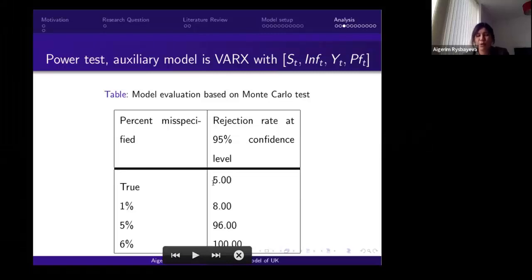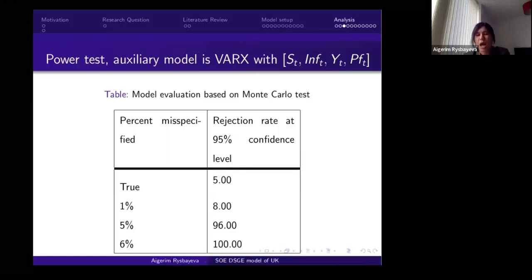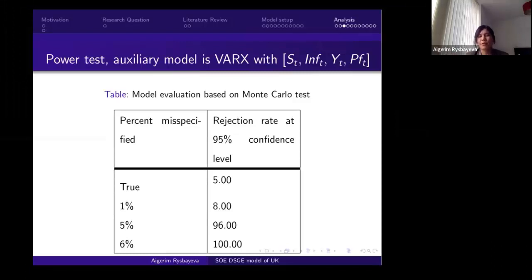This is quite fine because we usually assume that we can make 5% error. But if I falsify my estimated parameters by 1%, shifting the value of all estimated parameters by 1%, my model is rejected 88% of the time. If I falsify my parameters by 5%, I reject 96% of the time.